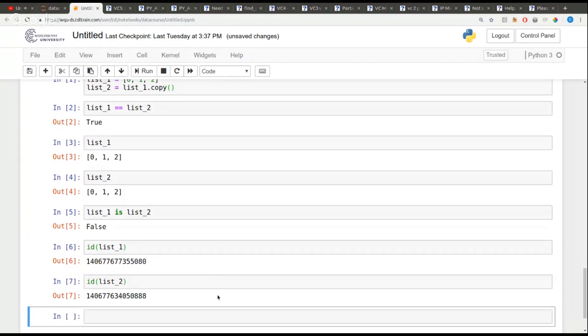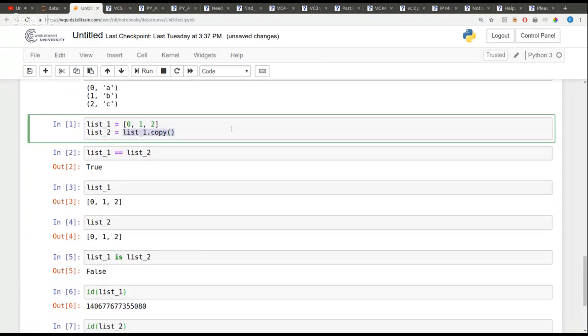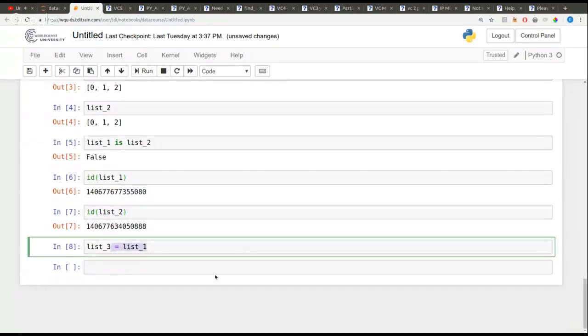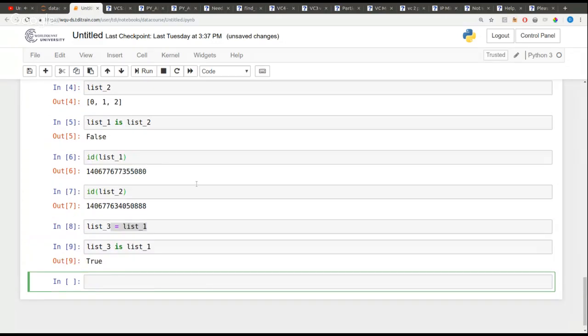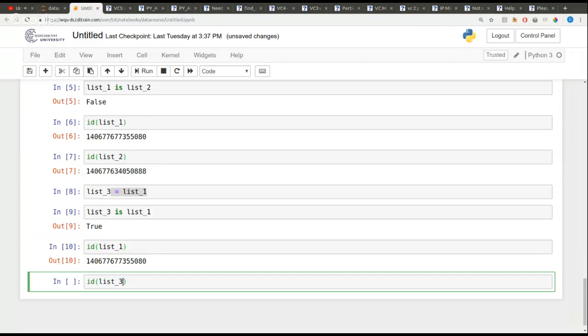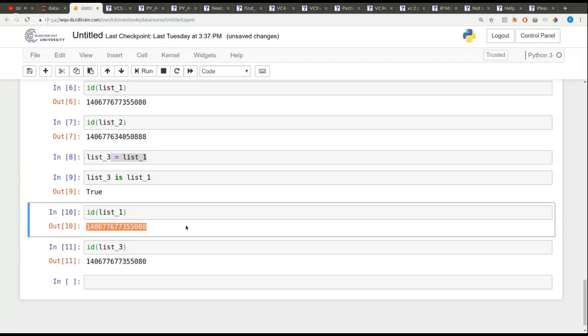Now, if I had list 3 equals list 1, so compare, list 2 was a copy of list 1. List 3 is equal to list 1. If I ask list 3 is list 1, we get true. And if we do ID list 1, ID list 3, we see they are the same. These are the same object in memory.